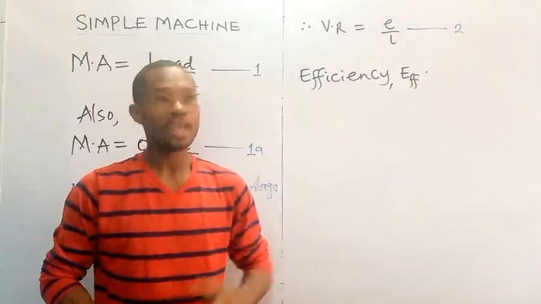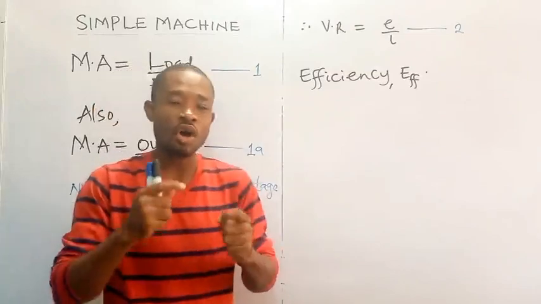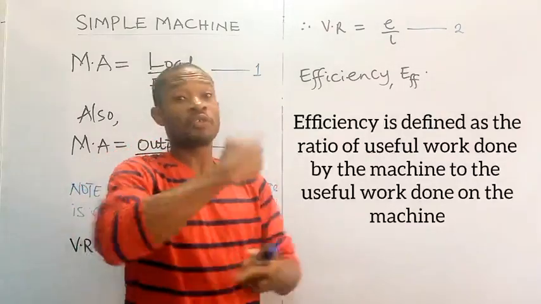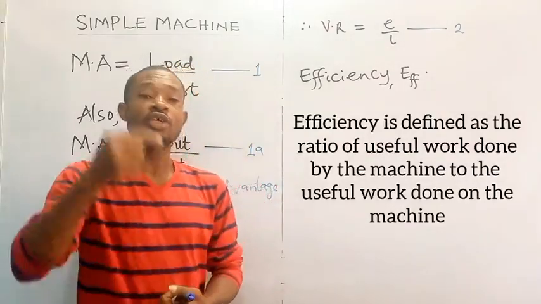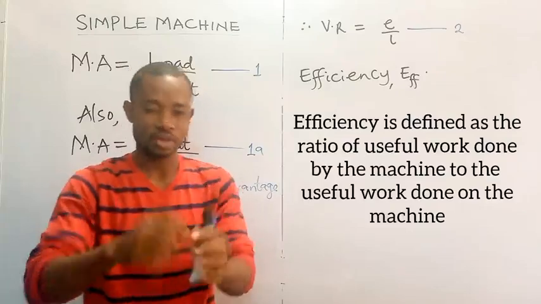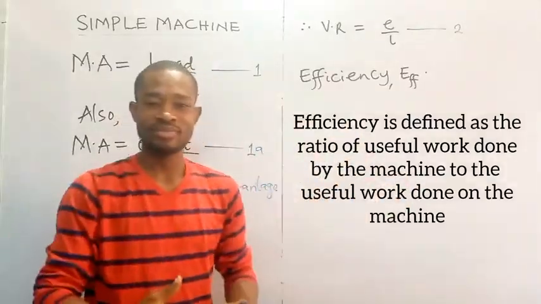Follow through. Efficiency of a machine is defined as the ratio of useful work done by the machine, which of course is the output work, to the useful work done on the machine. Take note. You know the work done by the machine is the output.